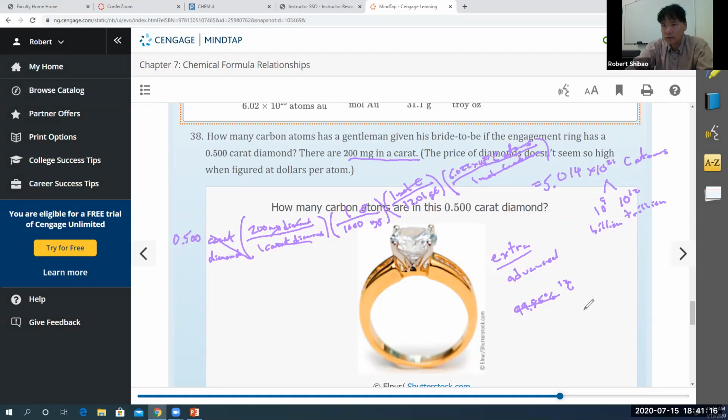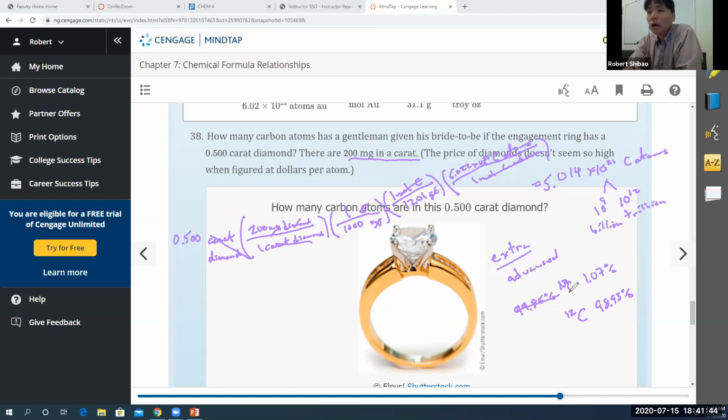Naturally occurring carbon consists of 2 isotopes, carbon-12 and carbon-13. Carbon-13 is 1.07% and the rest is carbon-12, so that's 98.93%. These 2 add up to 100%. Carbon-14 is negligible, or extremely small.